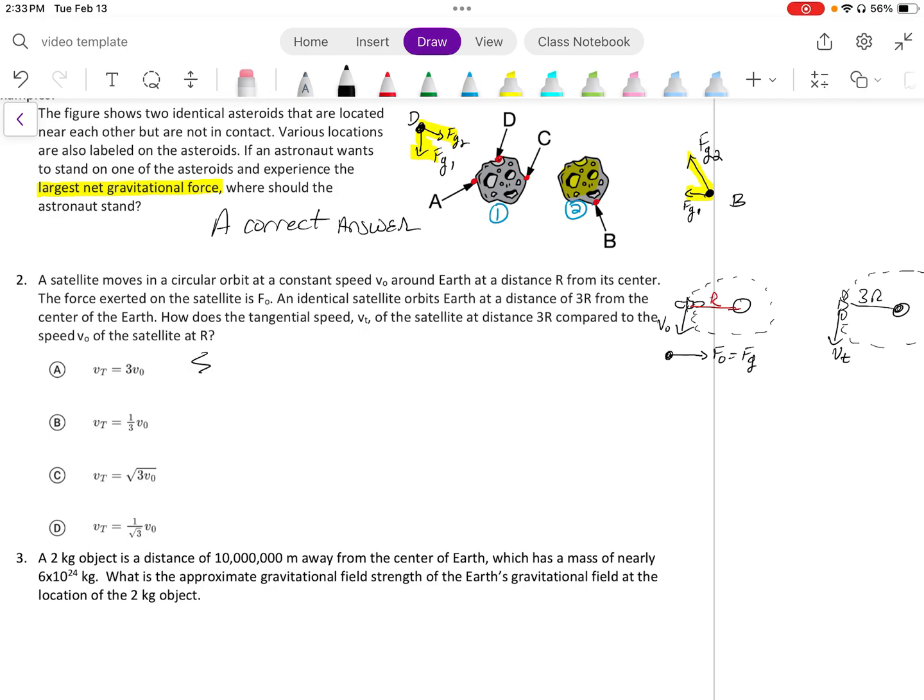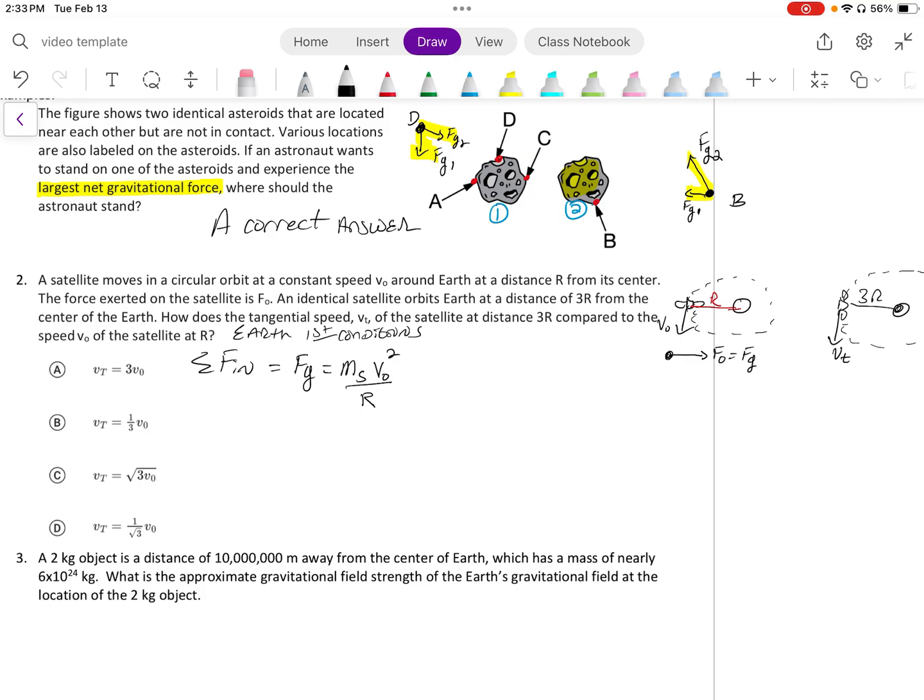I'm going to sum the forces inward. This is around Earth. First condition: the sum of the forces inward is equal to the force of gravity. That's the only force acting on it, inward. Mass of the satellite times v0 squared over r, and there we go.